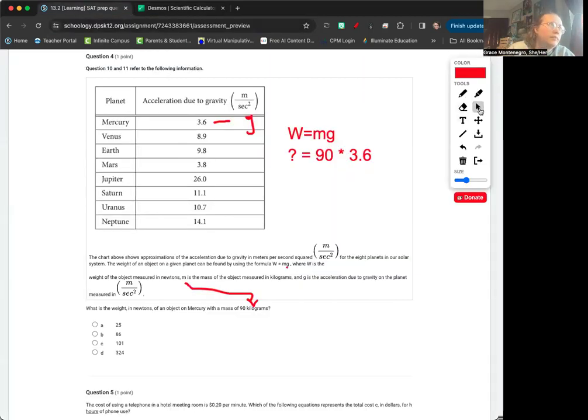That's the answer. I wouldn't be surprised if y'all got thrown off by meters per second squared and you tried squaring things. The trick here is that it is a unit, like seconds or miles. That is not math instructions. I don't understand why acceleration is, well, I kind of do, it's calculus, why acceleration is measured in meters per second squared.